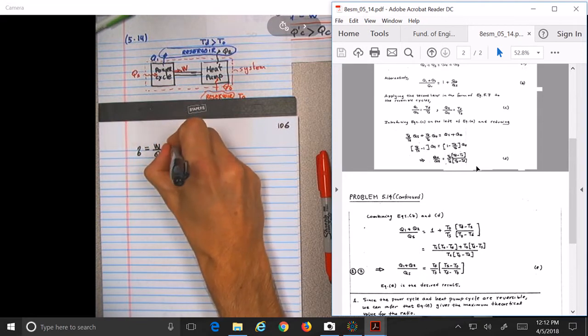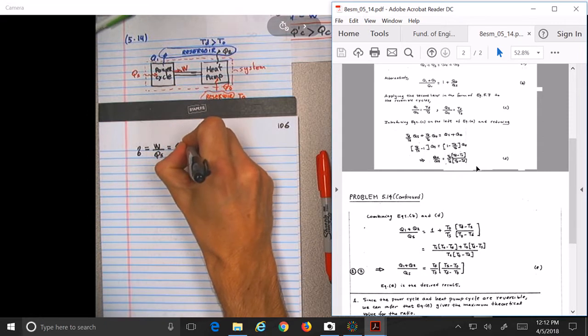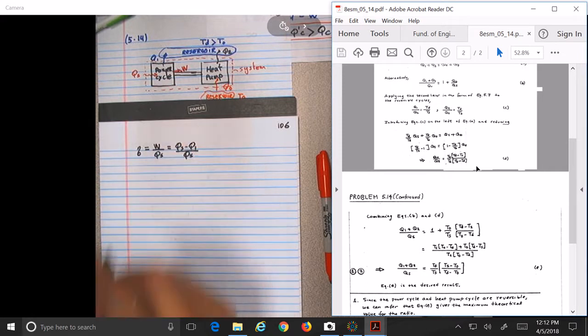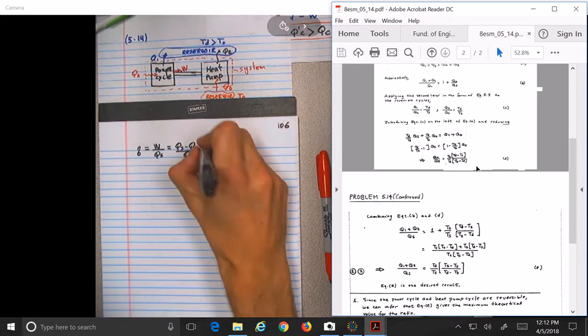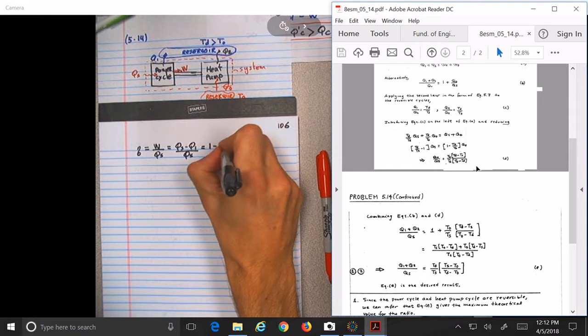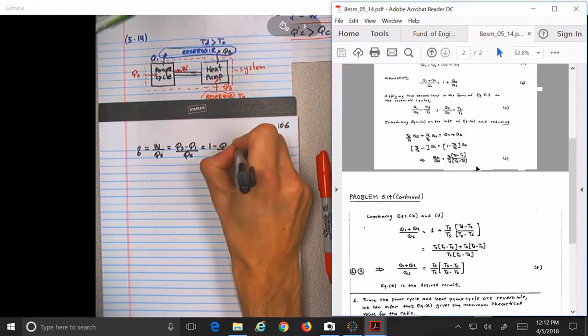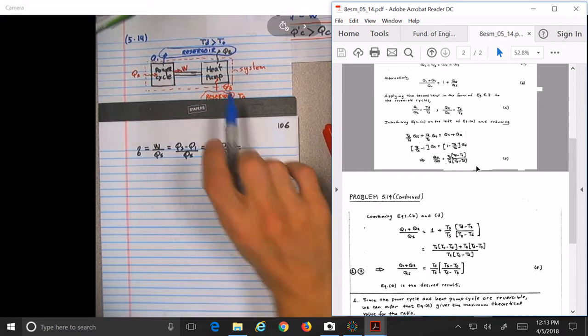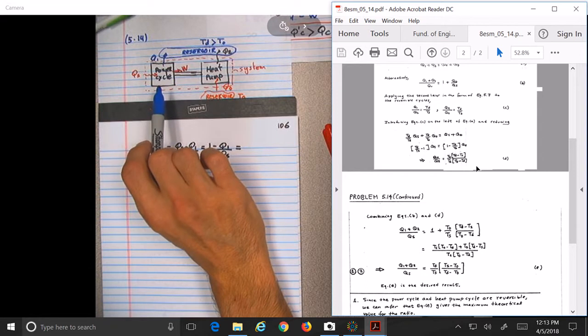QS, so this is equal to QS minus Q1, the same thing as we did before, divided by QS, which will be equal to 1 minus Q1 over QS. But this is the important part: since everything is reversible over here, if they don't have the term reversible, this is not true.